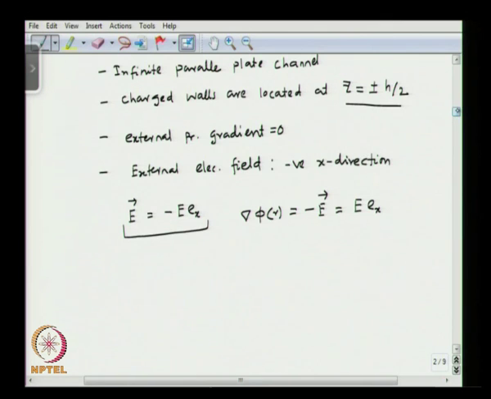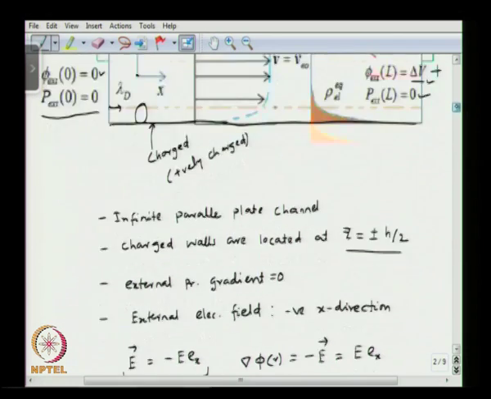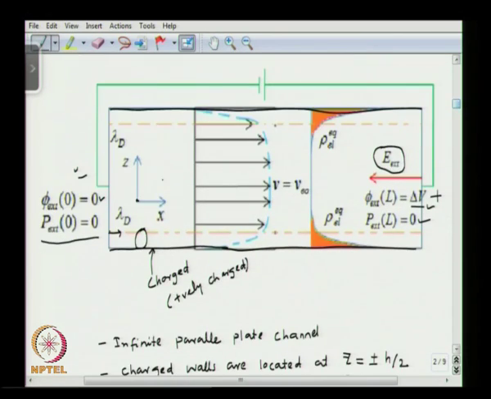Now, the gradient of the external pressure is 0 and the velocity Vr is only in the x direction and it varies across z. So, the velocity is going to be only in the x direction and it only varies in the z direction, right.